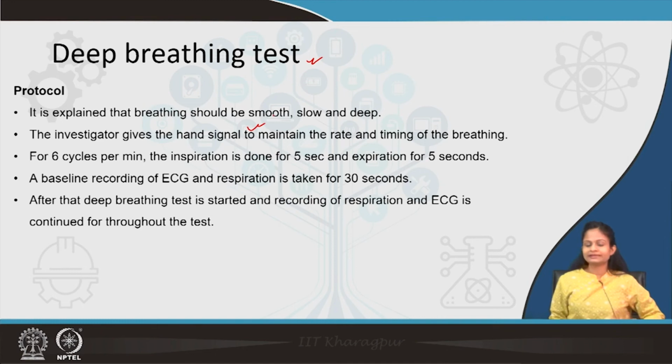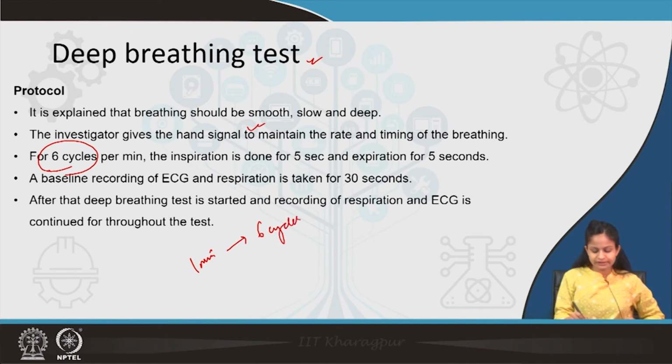Before performing the test, the investigator should always train the person on how the breathing should be done. Otherwise, if the cycles and intervals are not maintained, the person has to repeat the test. We have to take 6 cycles per minute. In 1 minute, the 6 cycles of deep breathing have to be done, and each cycle should consist of an inspiratory phase and an expiratory phase.